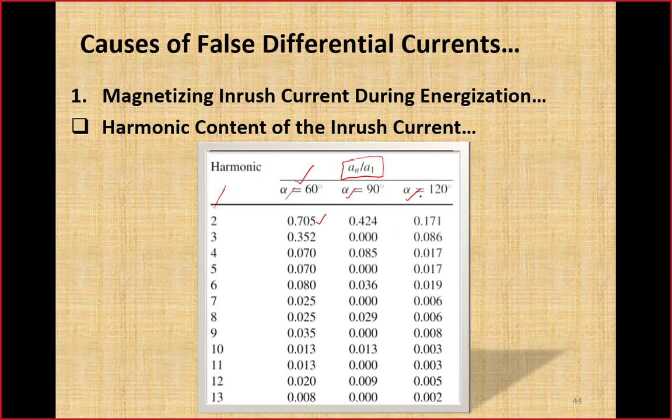Now if alpha is equal to 120 degrees, further we can see the second harmonic component is as strong as 17%, higher than any other harmonic component present. Practically this alpha angle will approach 30 degrees in power transformers, meaning the transformer remains in the saturation region for a short duration. So due to this reason, the harmonic components will be much higher as compared to even this 60 degrees.